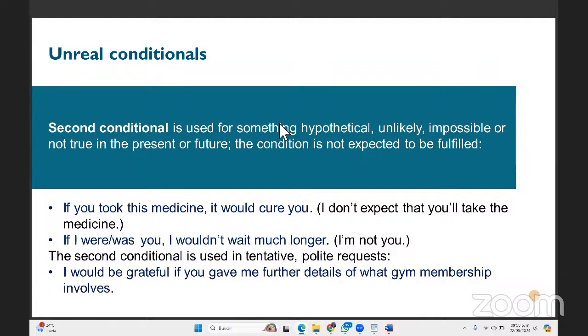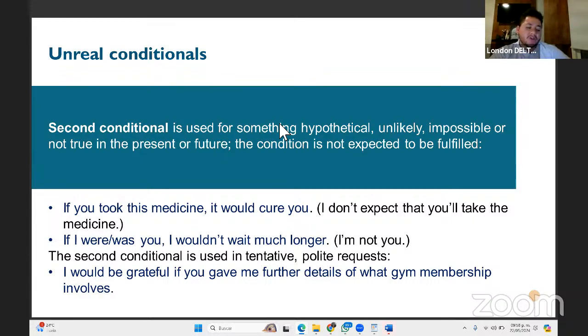The second conditional is used for tentative polite requests. I would be grateful if you gave me further details of what gym membership involves. Involves. Okay, thank you.